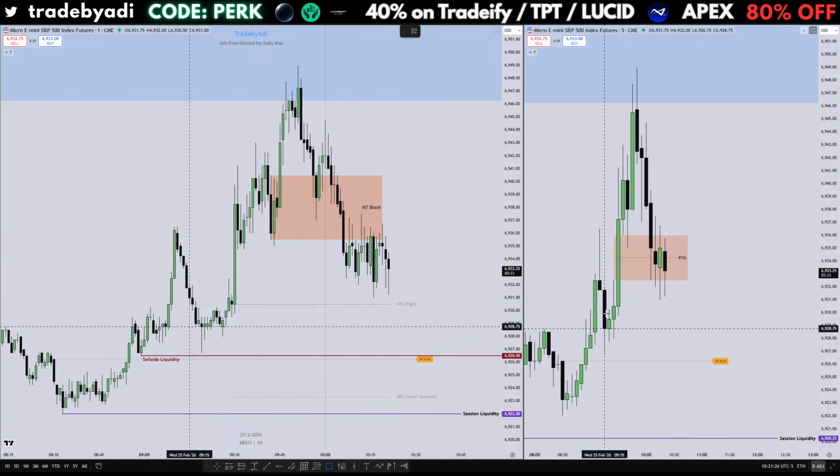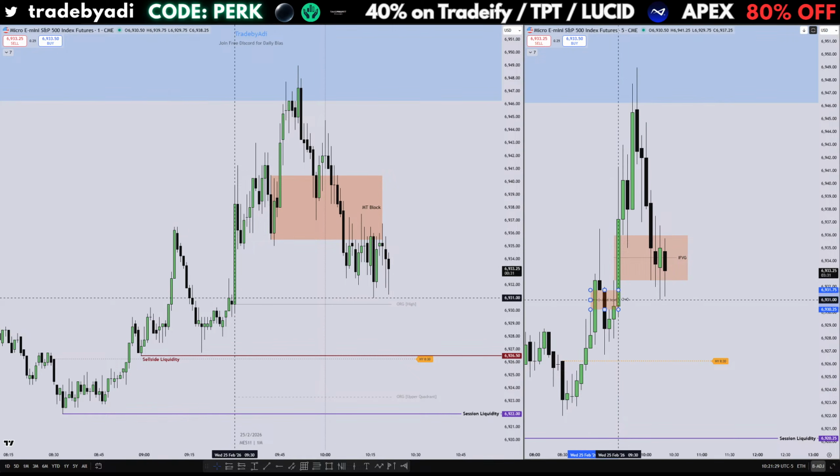Price is taking some small retracement because of this IFEG, but we should drop to the downside.